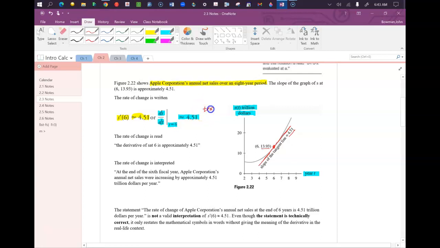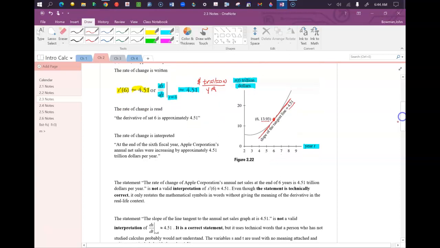That should be trillion dollars per year. The rate of change is red. The derivative of s at 6 is approximately 4.51. Again, trillion dollars per year. We should always have units associated with our derivatives.